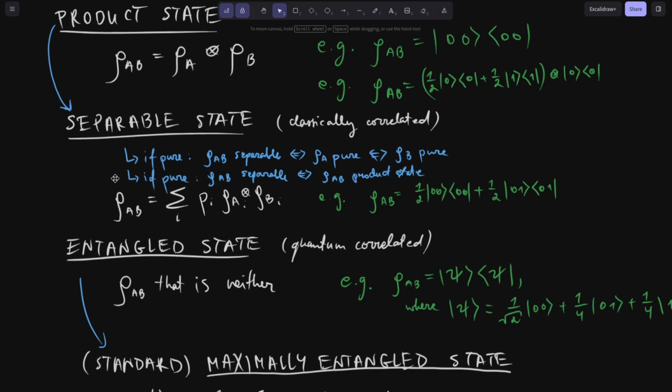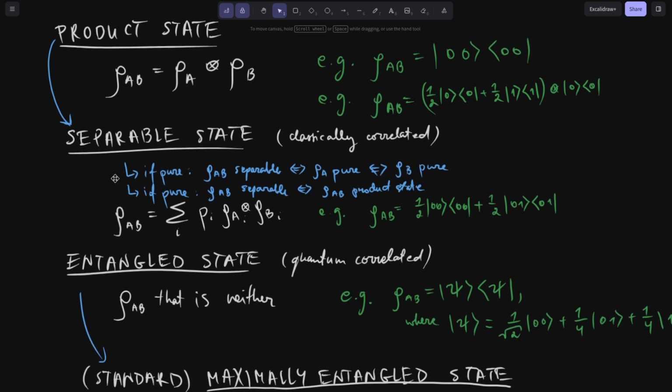Now we have separable states. Separable states, or otherwise called classically correlated, is also a classical example. It doesn't have any fancy quantum properties. It's just a linear combination of those product states.